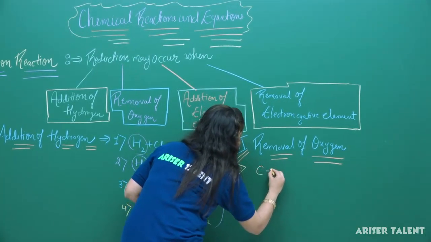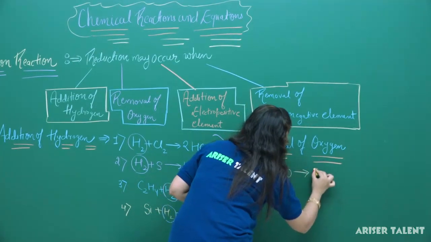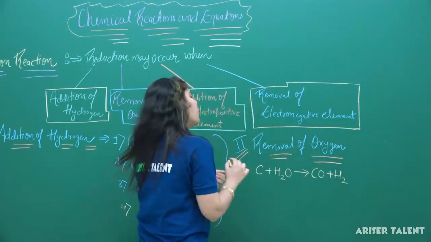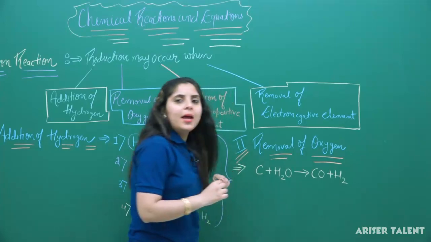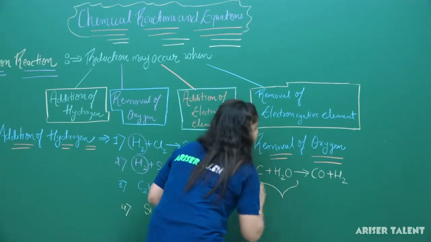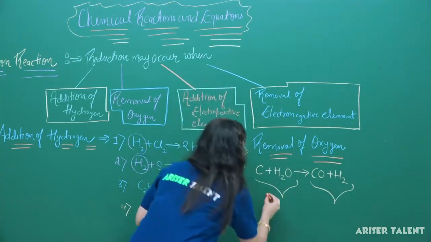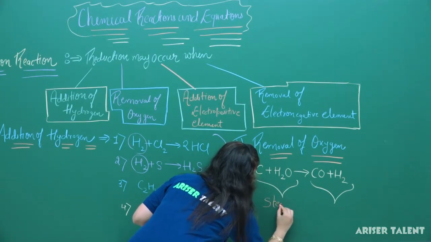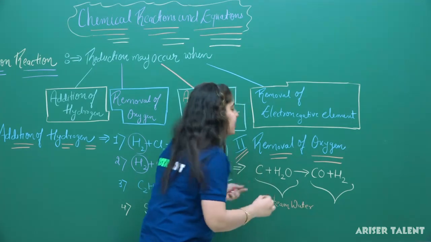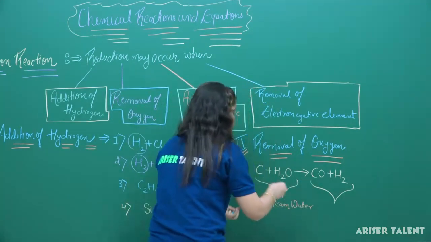Suppose we have C, that is carbon, and water, and it will give CO plus H2. So what happened in this case? This is known as steam water, or we can say coke gas, and this is known as water gas.